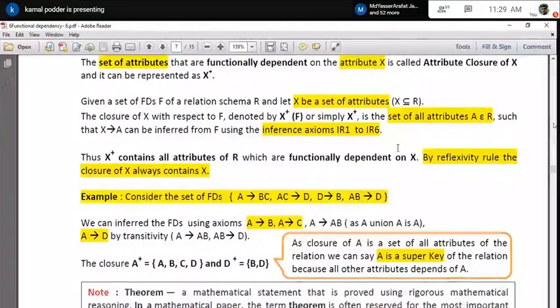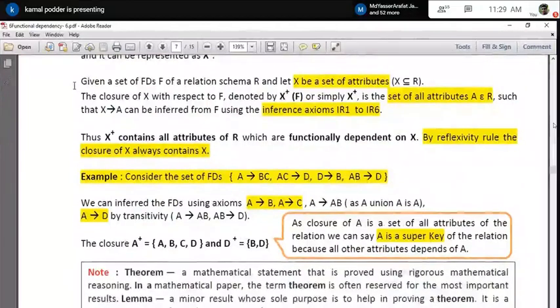Okay, now suppose we are given a set of FDs, a relation scheme R, and let X be a set of attributes. Okay, I have given X as a set of attributes, and some FDs are given. And what is X? X is nothing but a subset of R. That means R has a lot of attributes, and from there you are just picking a set.